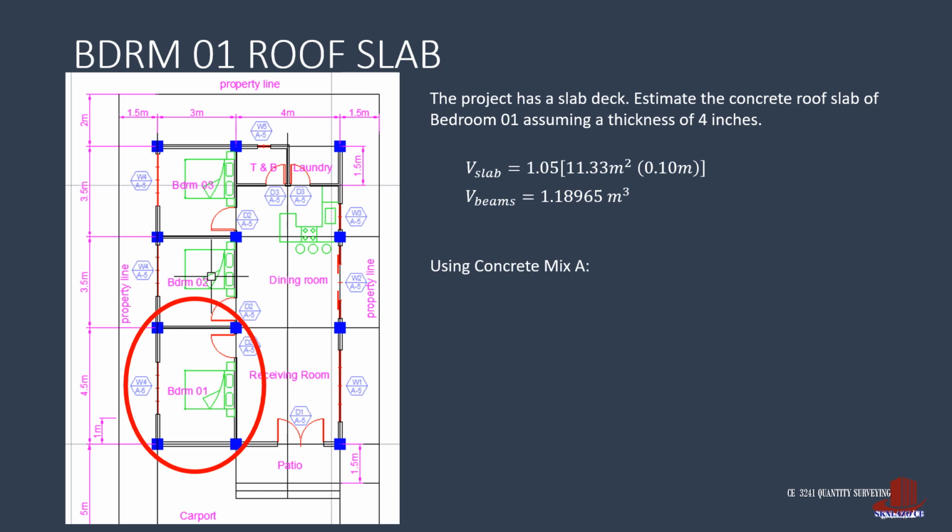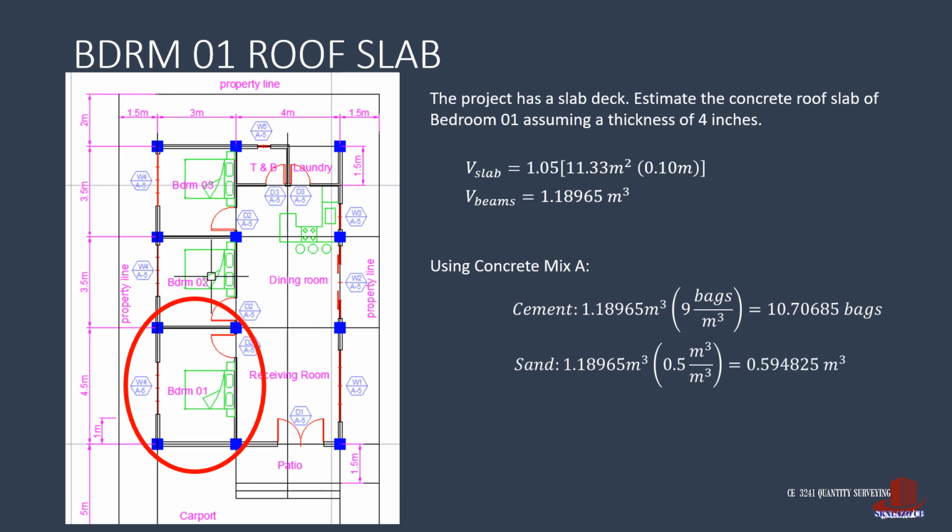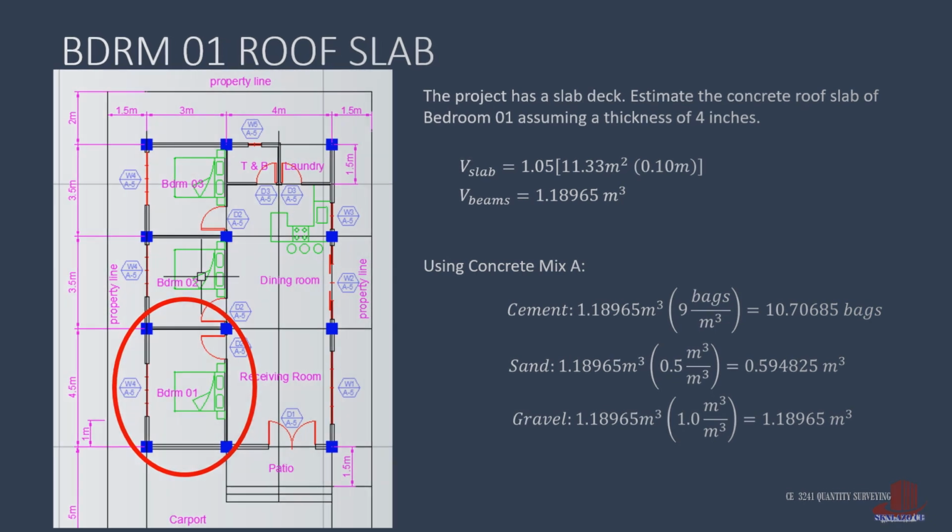With concrete mix A, cement is then the volume by 9 bags, giving 10.70685 bags. Sand is then the volume times 0.5, which becomes 0.594825 cubic meters. Then gravel is 1.18965 as the multiplier is 1.